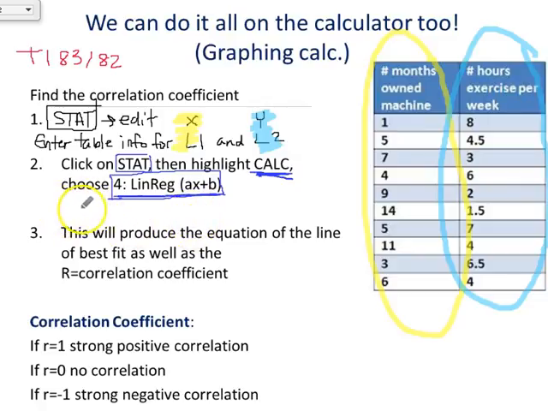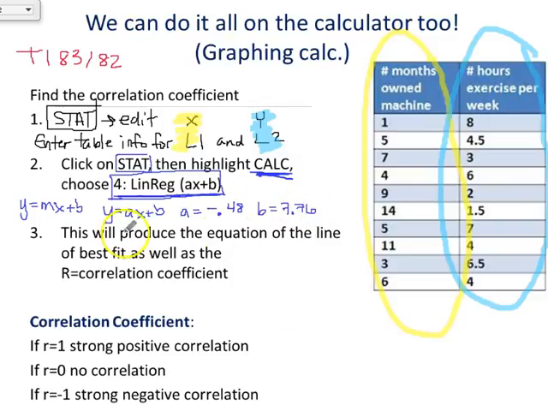And I see that, okay, we know the line of best fit is y equals mx plus b, and it's giving it to us in the form of y equals ax plus b. I look at my calculator and I see that a equals negative 0.48. I'm going to round to 2 decimal places. And that b equals 7.76.